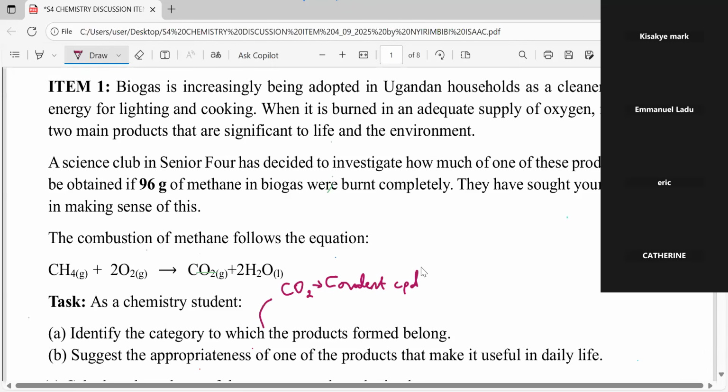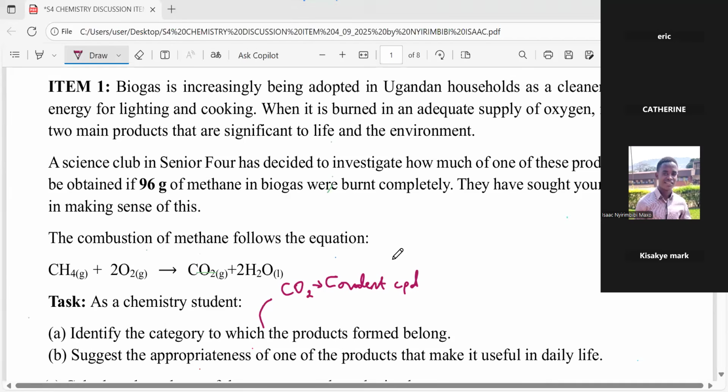Okay. And you're saying the reason is what? It is formed as a result of electron sharing between two nonmetal atoms. Very good. Can we clap hands for Kisache? Thank you, Kisache, for that point.